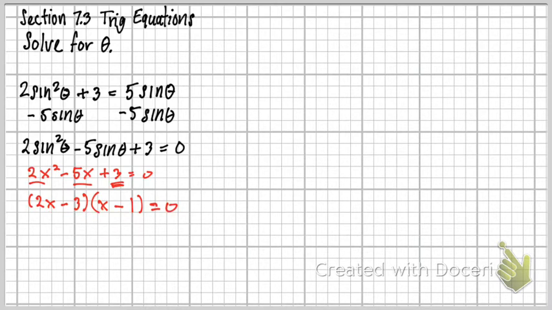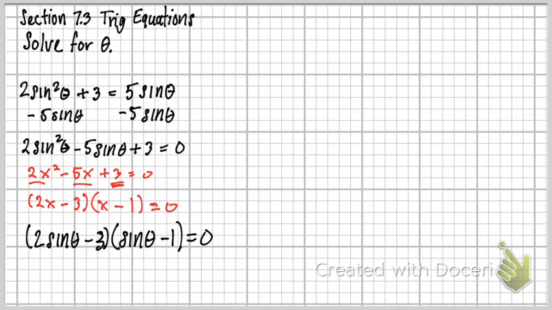So now all I'm going to do is use this same idea for my problem. So that's going to be 2 sine of theta minus 3 and sine of theta minus 1 equals 0.